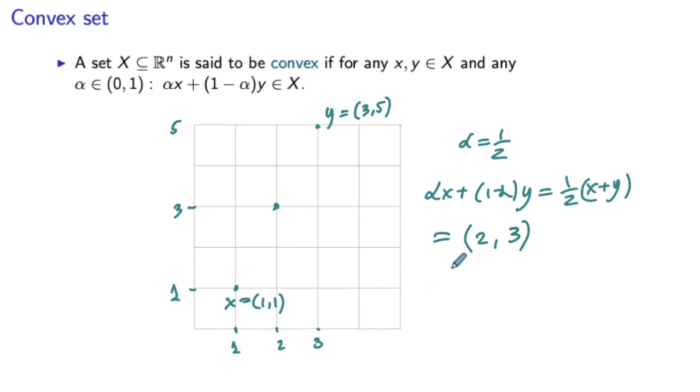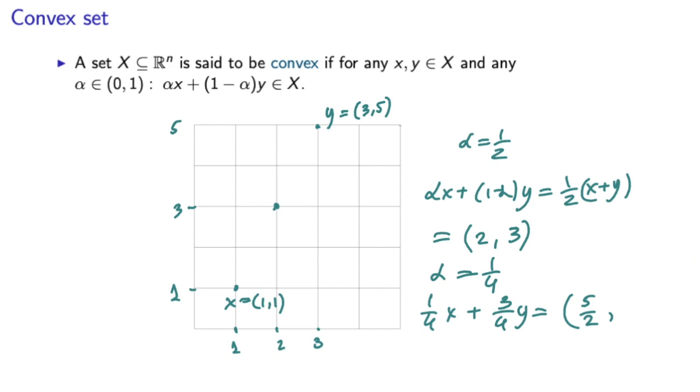Now, if I take some other value of alpha, so let's say alpha equal to 1/4, then we'll have 1/4 X plus 3/4 Y, and it will give us the following point. So we have 1/4 of 1 plus 3/4 of 3. This gives us 10/4, right? Which is the same as 5/2.